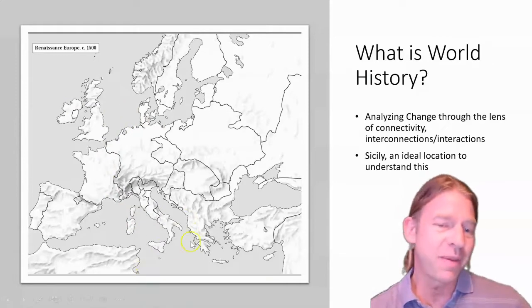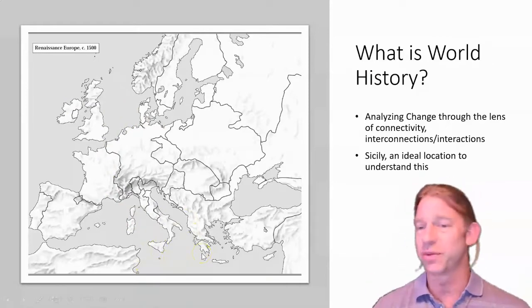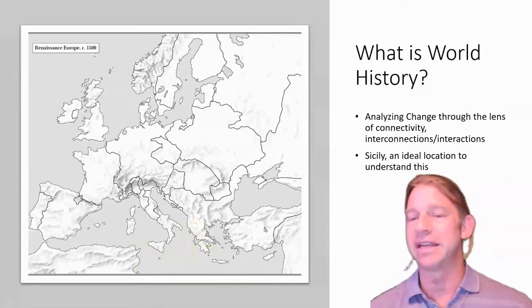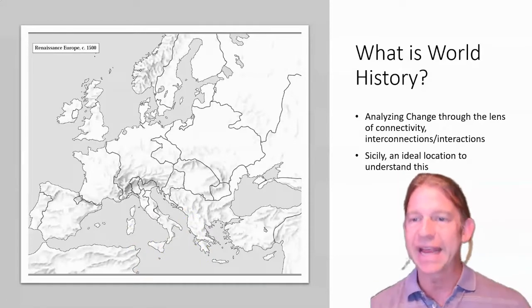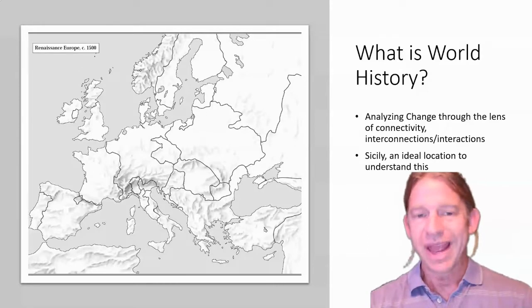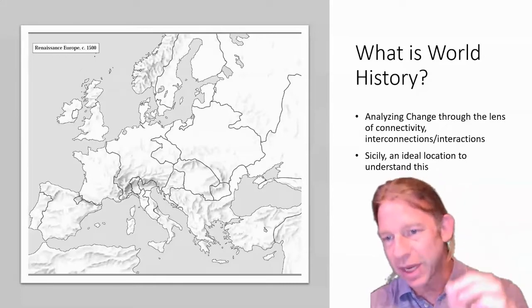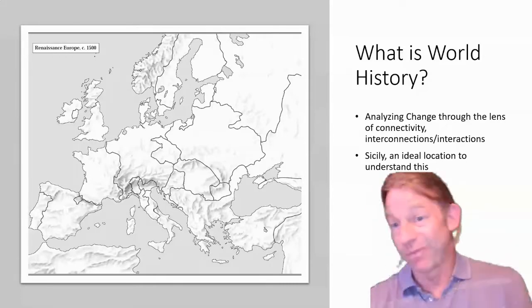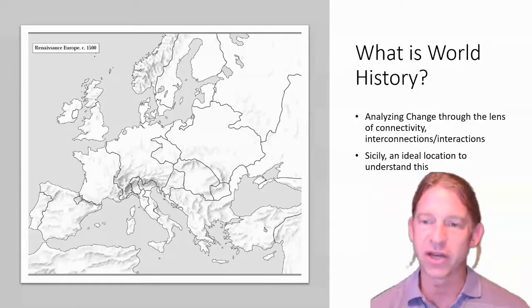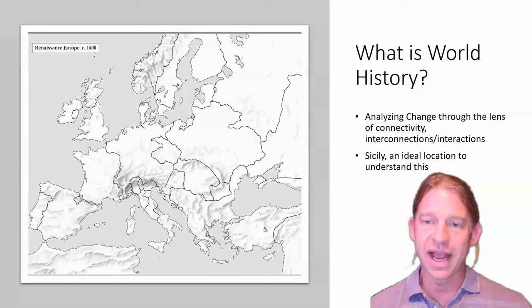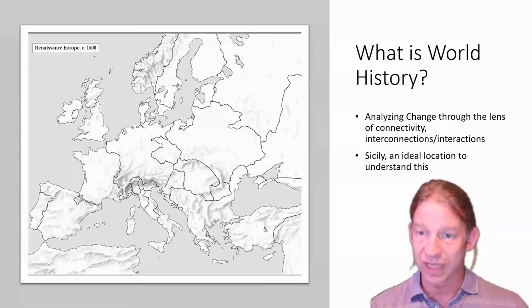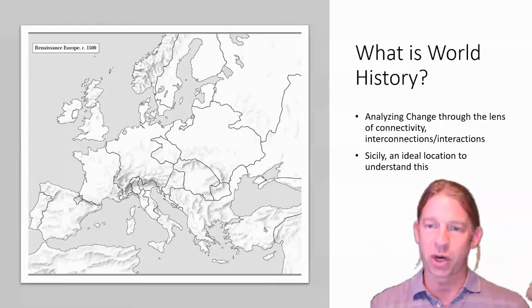But Sicily's right here. Oftentimes world history, in terms of its historical development, was largely driven by the idea of decentering the bias of the Western perspective in history. However, you can still do and think about world history from really anywhere in the world, because again, you're thinking about change through the interconnections, and how those interconnections beyond the state or national level have driven long-term change.